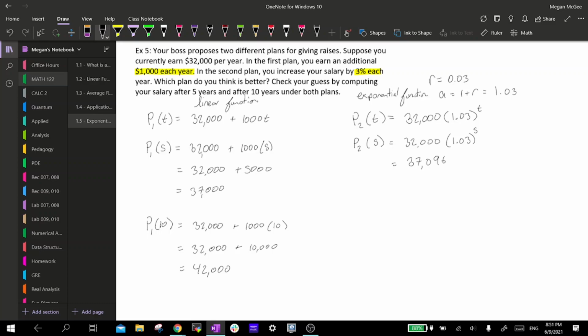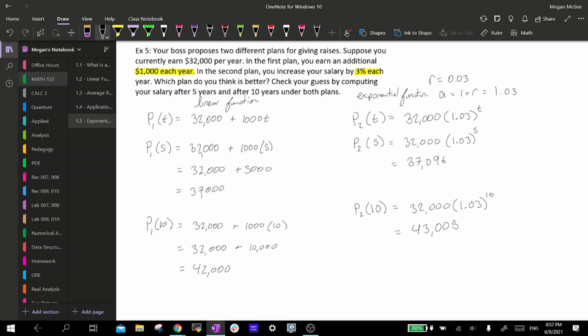Okay, but if we come over here to option number 2 of 10 years, we have $32,000 times 1.03 raised to the 10th power. And again, the calculator tells us that this is $43,005.